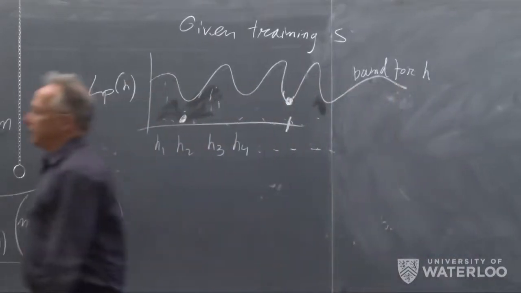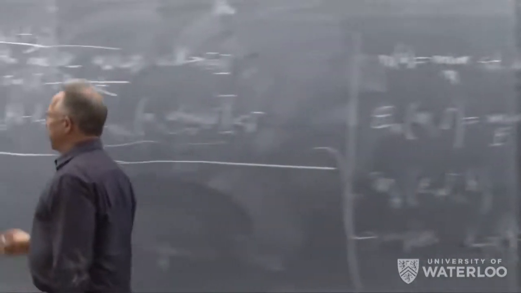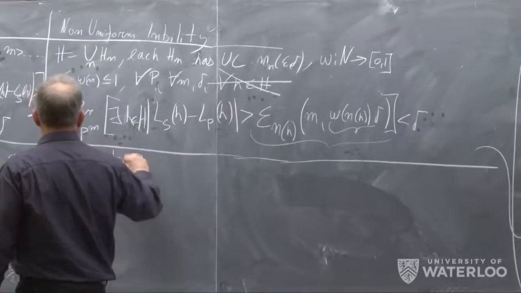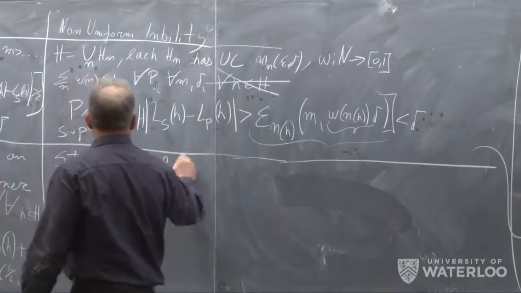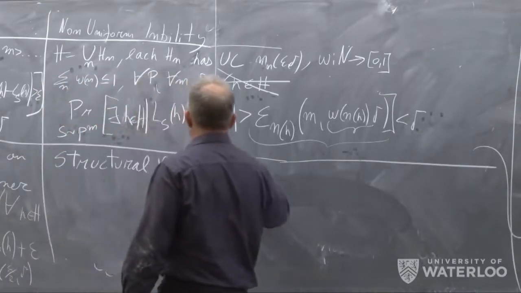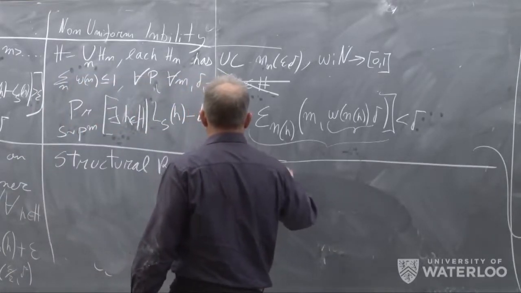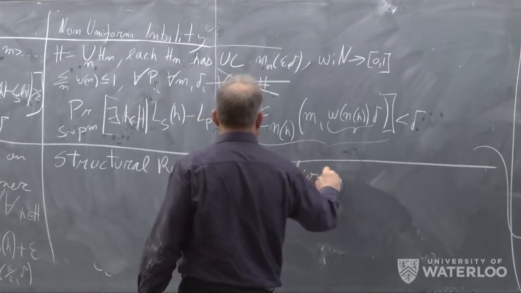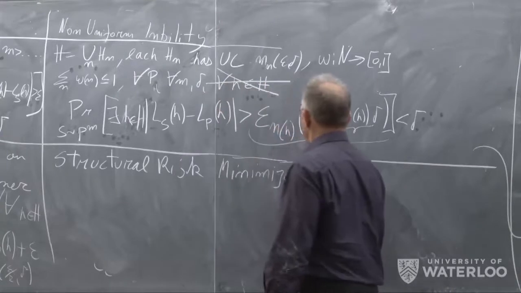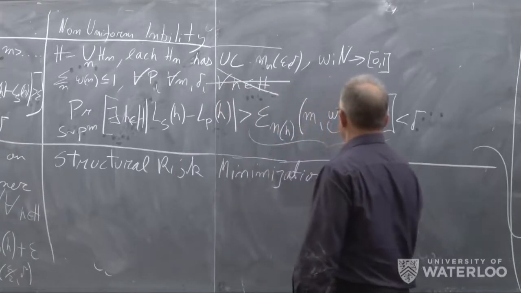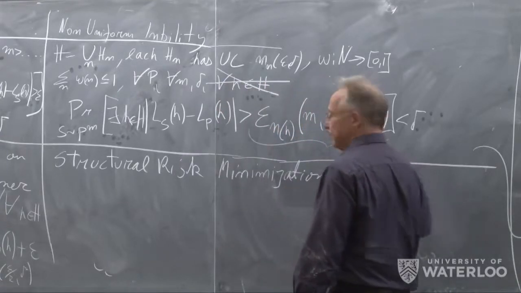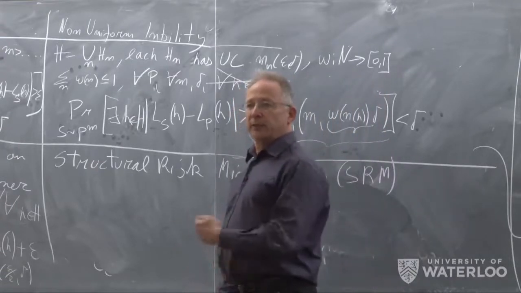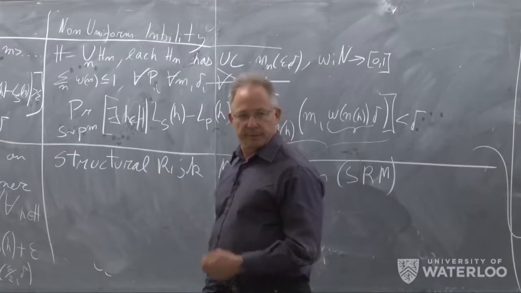So this is called structural risk minimization, SRM. And this is saying just pick the h that minimizes this bound.